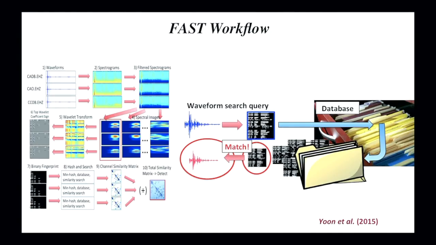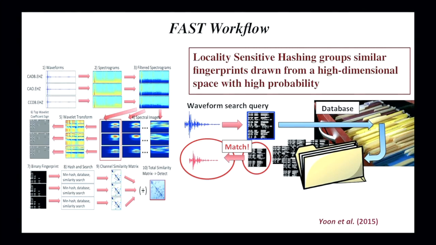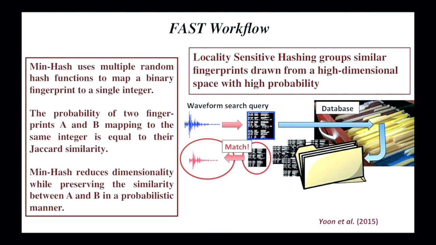Okay, so this is the workflow I've just described. The idea is we go sequentially through all the data, one pass through all the data, and we fill the database with pointers to the individual fingerprints that we've kept track of, and use something called locality-sensitive hashing to group similar fingerprints from some high dimensional space to a lower dimensional space, basically an integer, and they get grouped together with high probability.